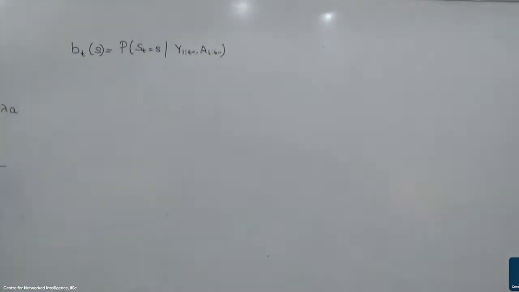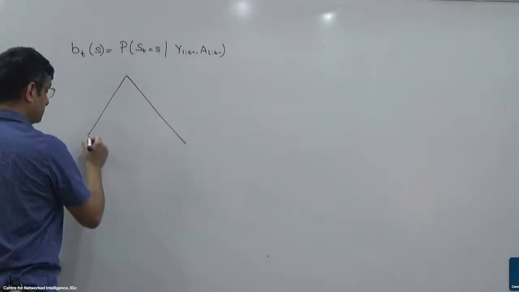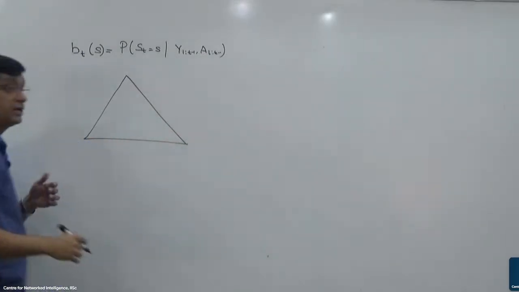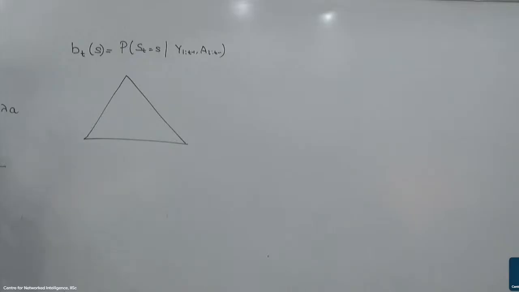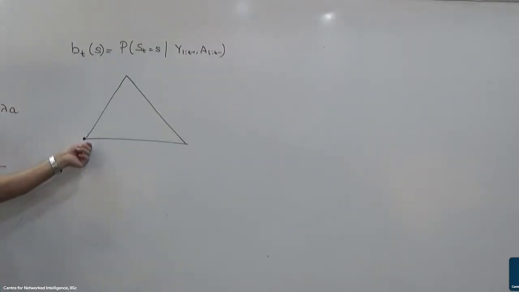Now let's observe what will happen to the evolution of this belief along a certain sample path. Okay. So I'm going to draw this belief as lying in a simplex in 3 dimensions. And let's say when the system started, we knew what the state of the Markov chain was. So in that case, my belief will be a delta function centered at this point of my Markov chain.